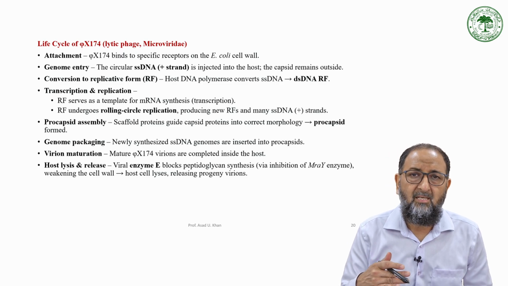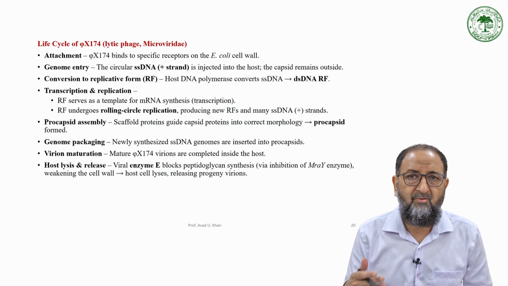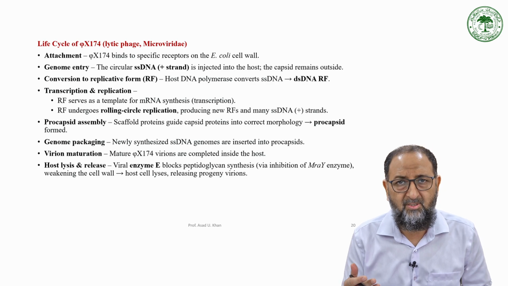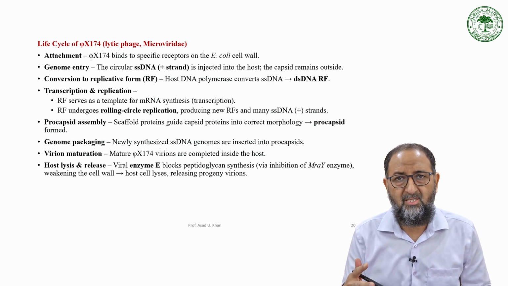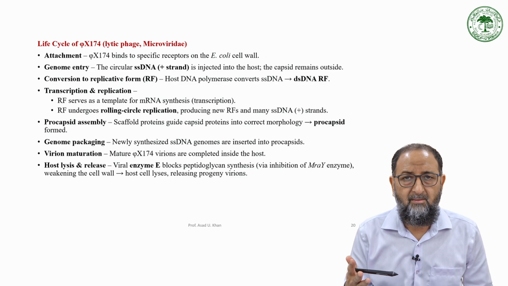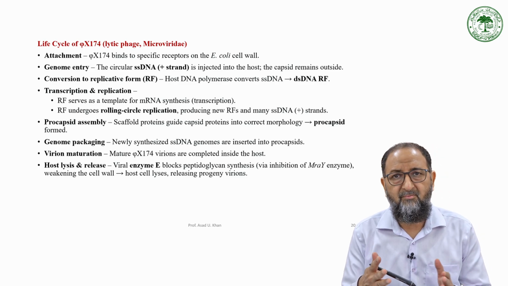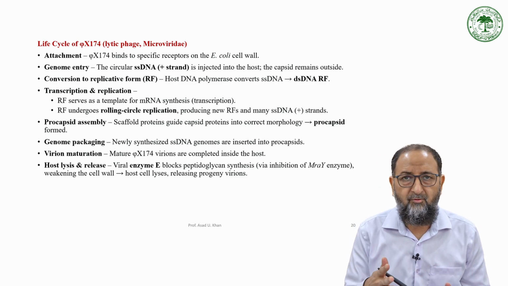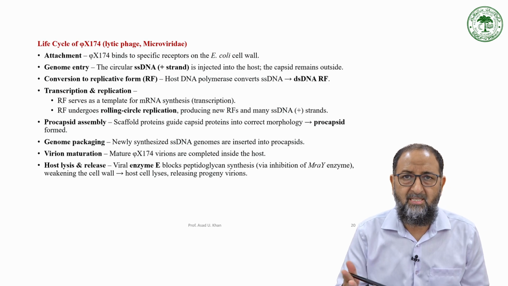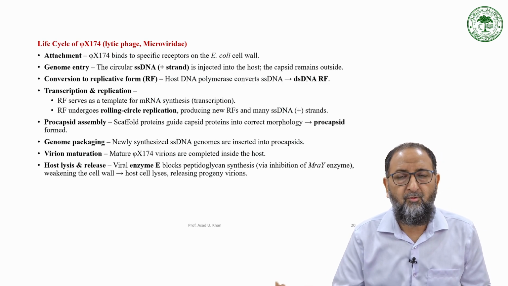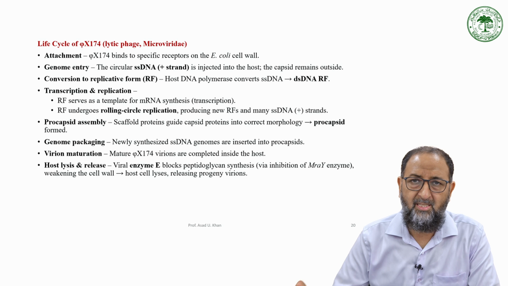The double-stranded DNA formed through the reverse transcriptase enzyme, we call reverse transcription, an enzyme present within the virus genome, right? And they form mRNA, and this mRNA is again ready to form the nucleic acid for the virion particle.